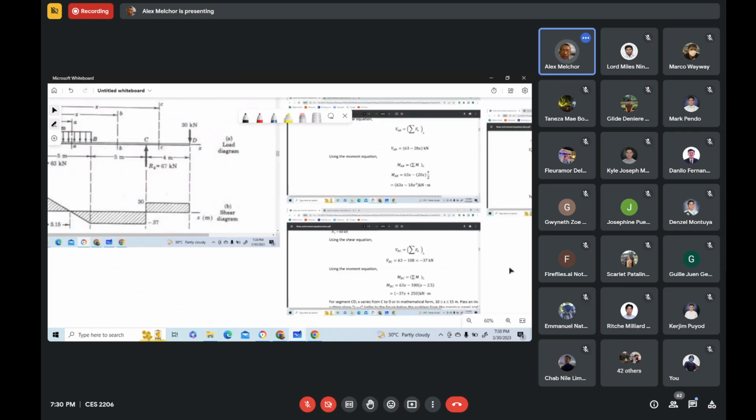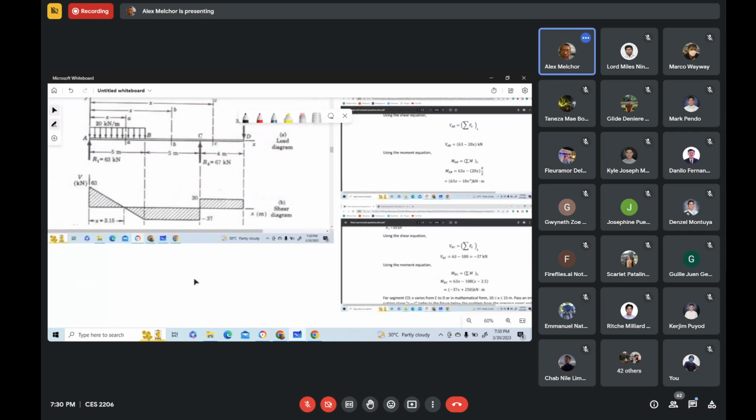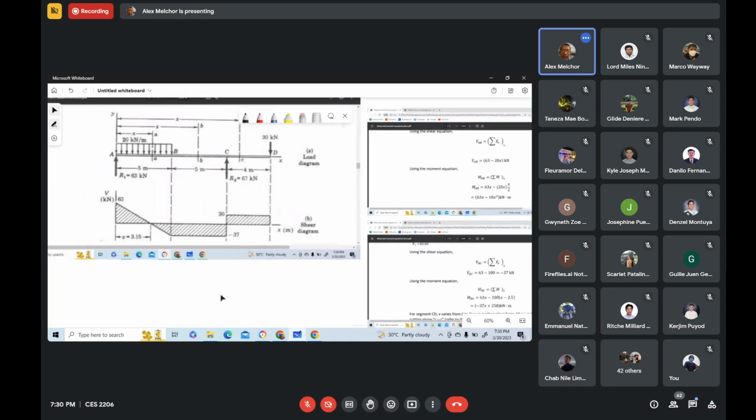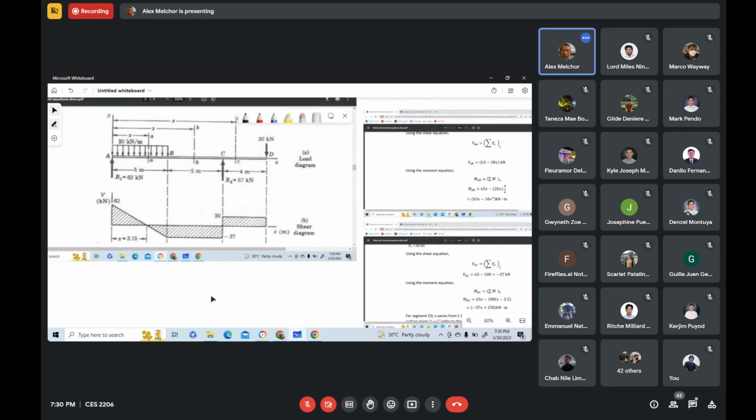Okay, so now the shear at A. For the shear at A, we use the shear equation for segment AB because A is within segment AB.